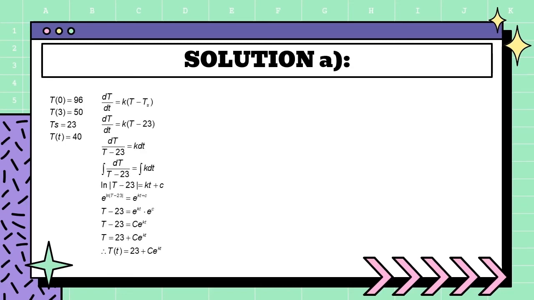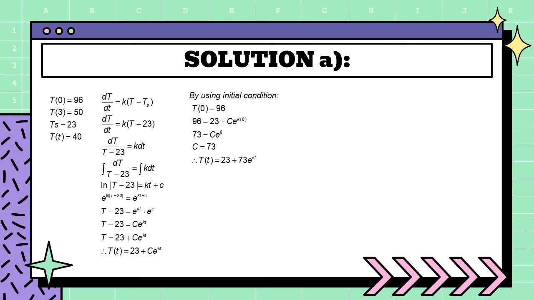We enter any information that we can replace, such as Ts, then equalize the position of T with T, until we get like this. Then find T(t) by integrating the equation until we get T(t) equal to 23 plus C e to the power of kt. But we don't have the values for C and k.